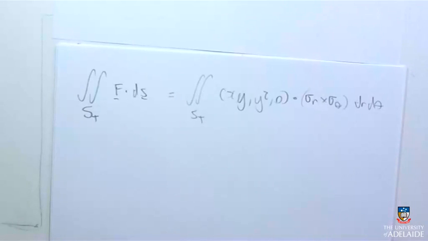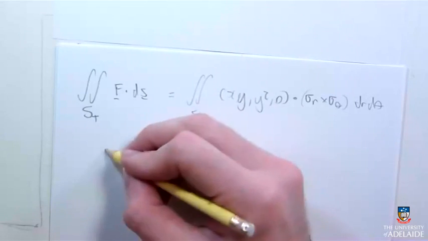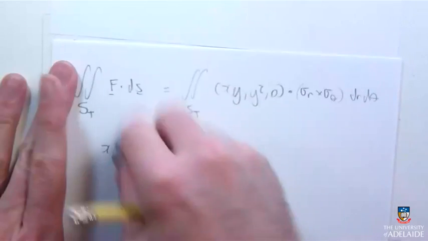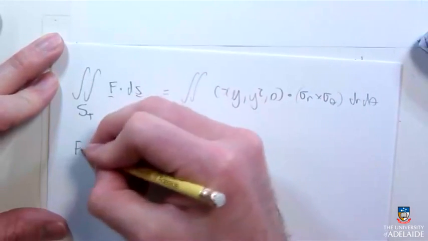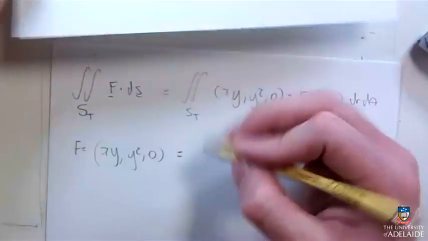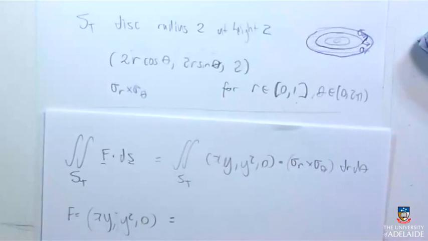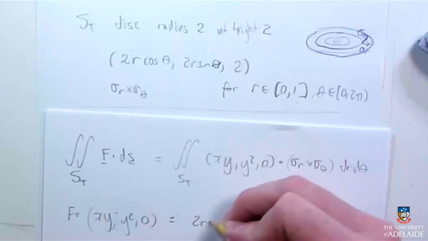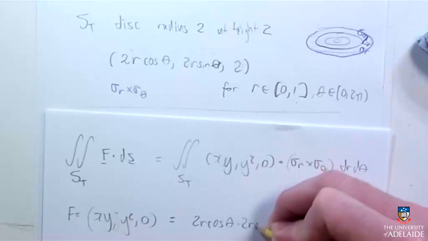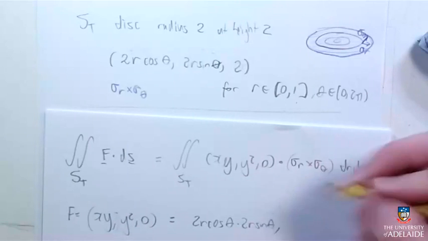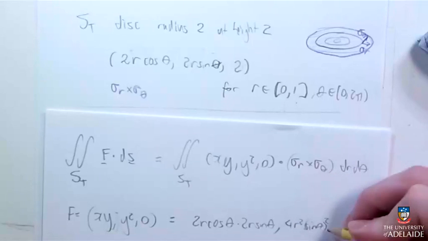Right. I'll just figure out what all those things are. Okay, so x, y squared, 0, F is two r cos theta times another 2r sine theta, and then 4r squared sine theta squared, 0.